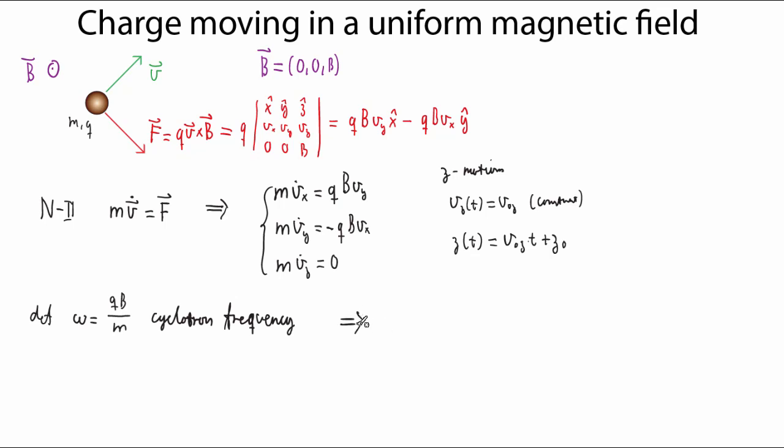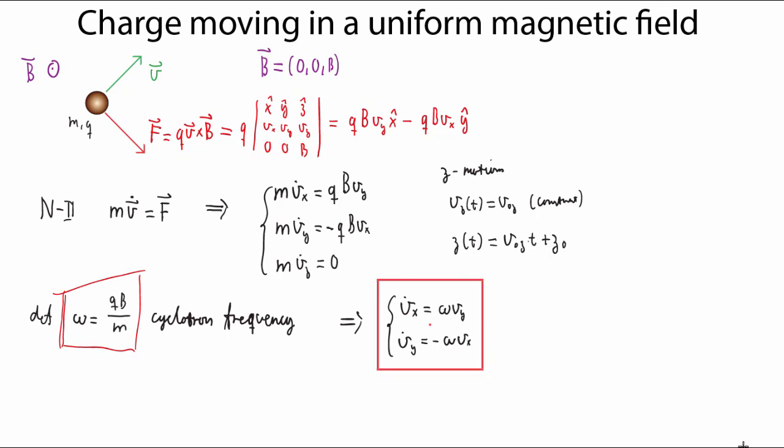And this then gives us the problems that we need to solve. Okay. Now we can see that this is a coupled differential equation. It couples the motion in x with the motion in y.